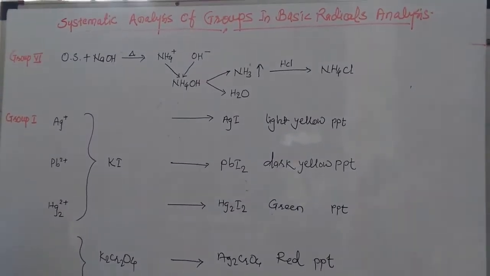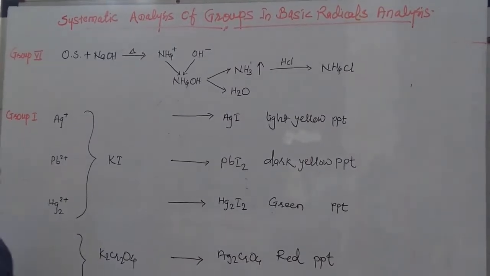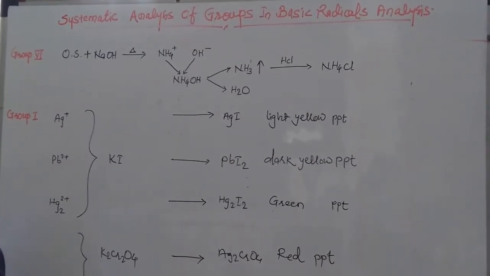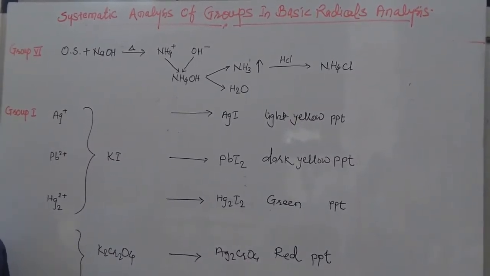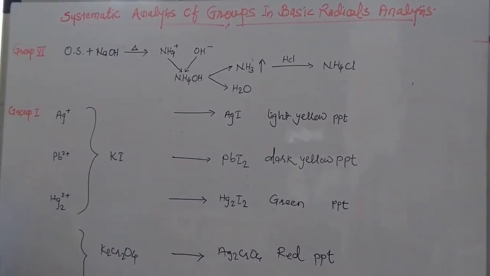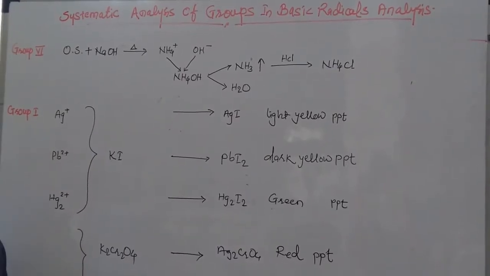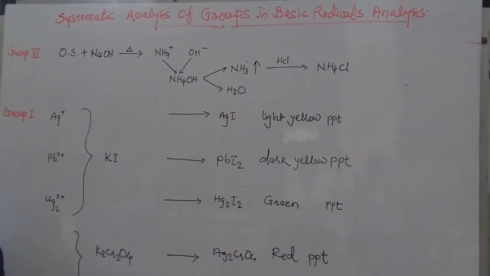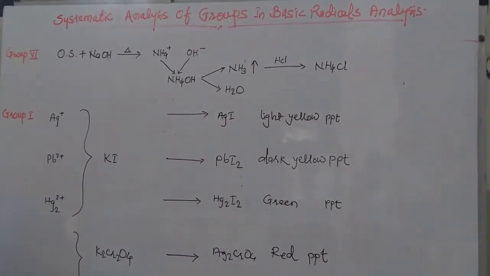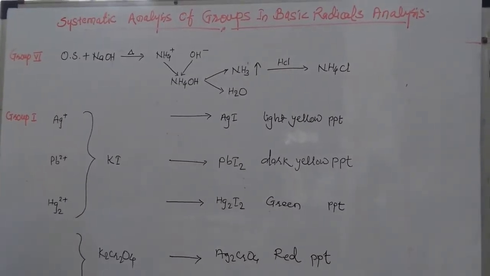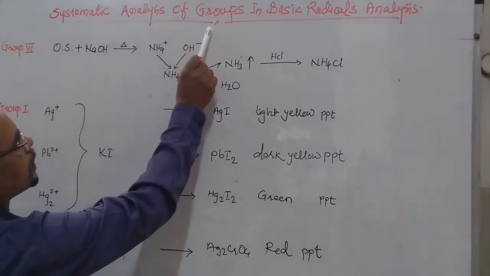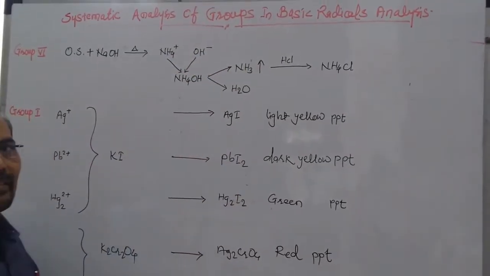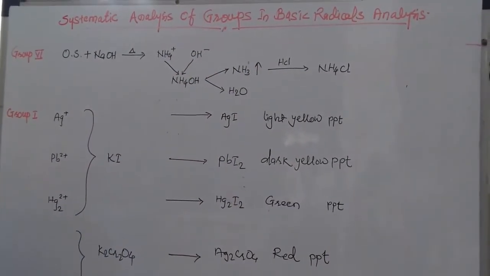Good morning, students. In the last video, we studied the basic radical analysis steps and the radicals present in different groups. Today, we will study the systematic analysis of groups in basic radical analysis.